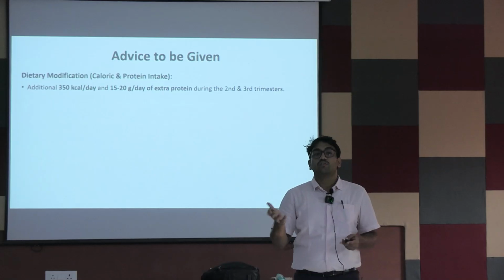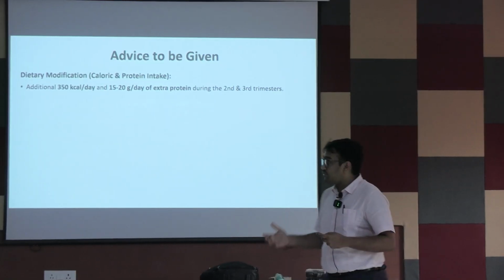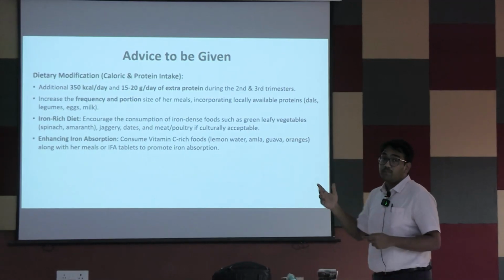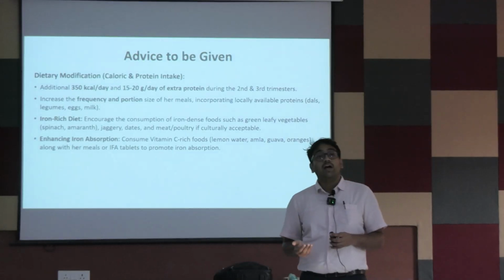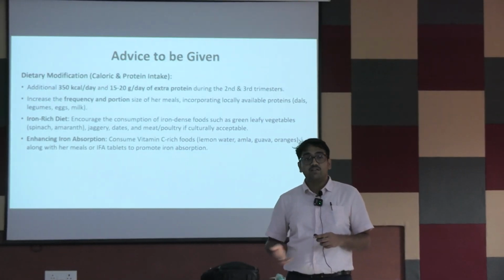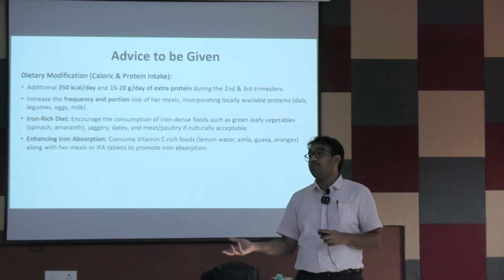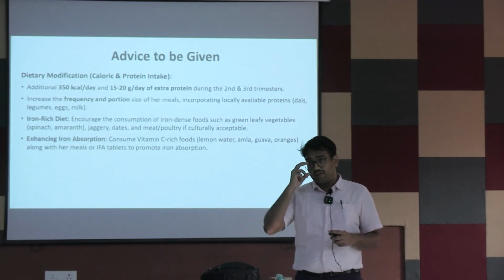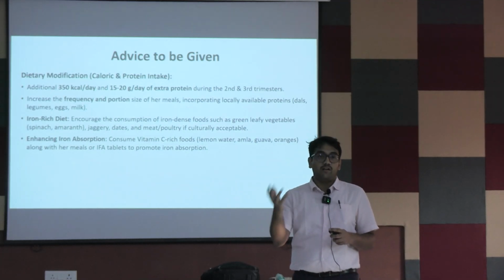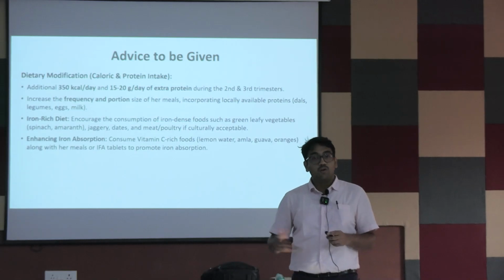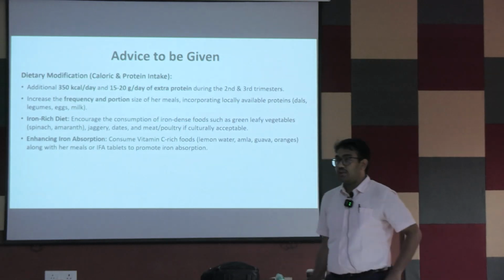That is for you to know. So what will you advise? You will advise foods based upon this, that the mother has to increase the frequency and portion of her meals, and in that she has to increase protein rich food, whatever is locally acceptable and based on her diet. So legumes, pulses, egg, milk, whatever suits her, you advise for that, right?